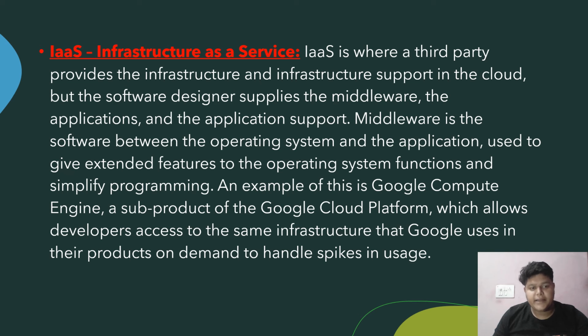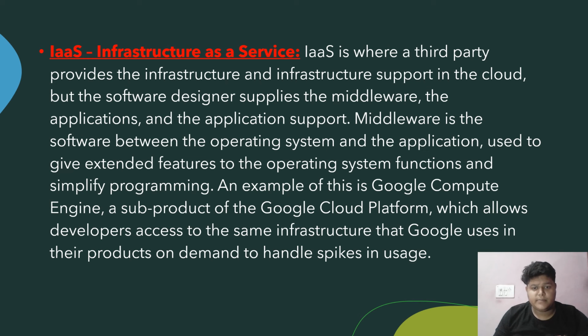The second category is infrastructure as a service. Infrastructure as a service is where a third party provides infrastructure and infrastructure support in the cloud, but the software designer supplies the middleware, the applications, and the application support.